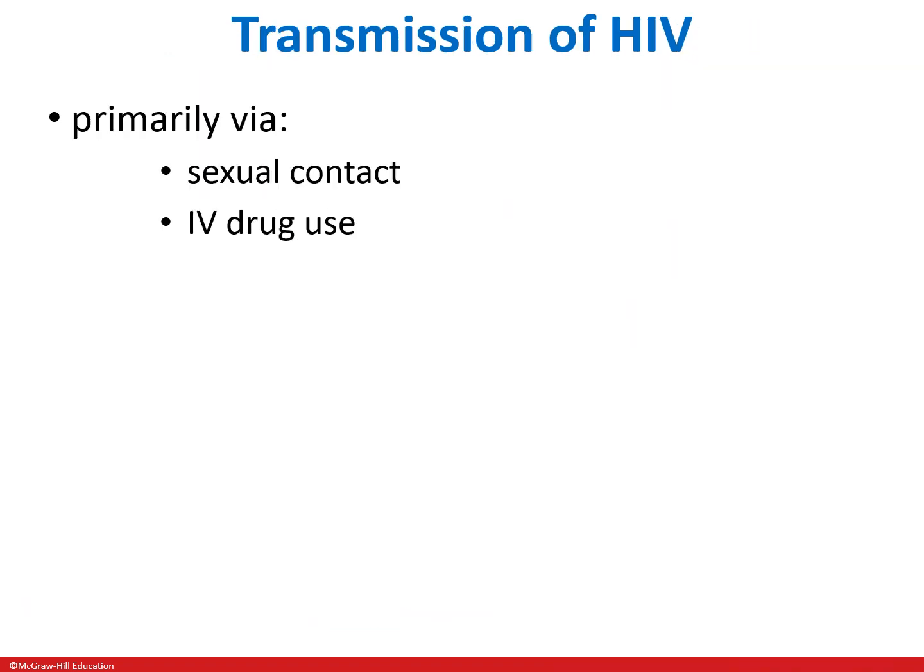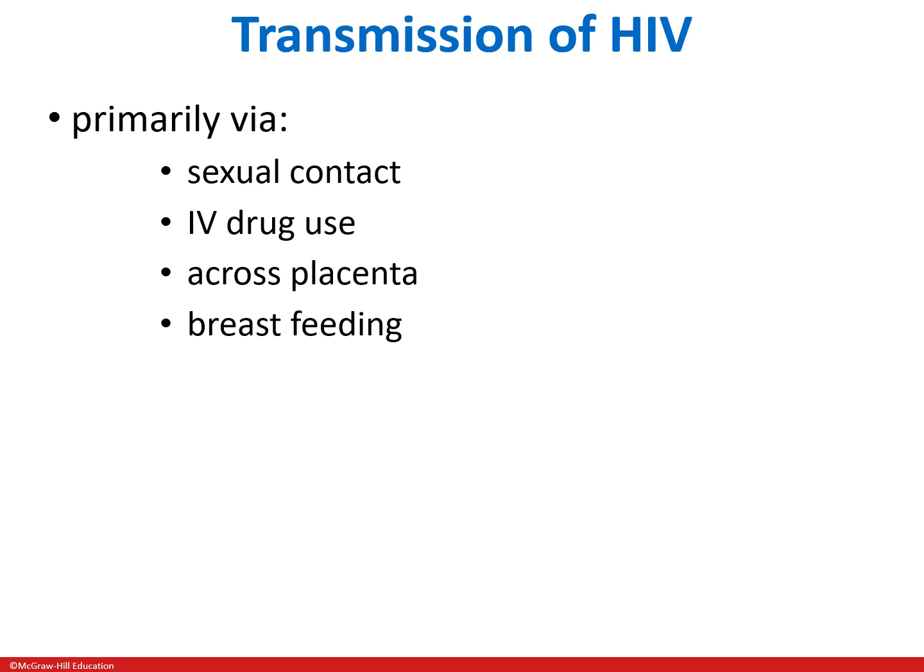So most people are familiar with the fact that transmission of HIV is primarily through sexual contact, but it can also be through blood. And so IV drug use is also a very common transmission mode. It can cross over the placenta, so HIV is categorized under the O in TORCH for other.